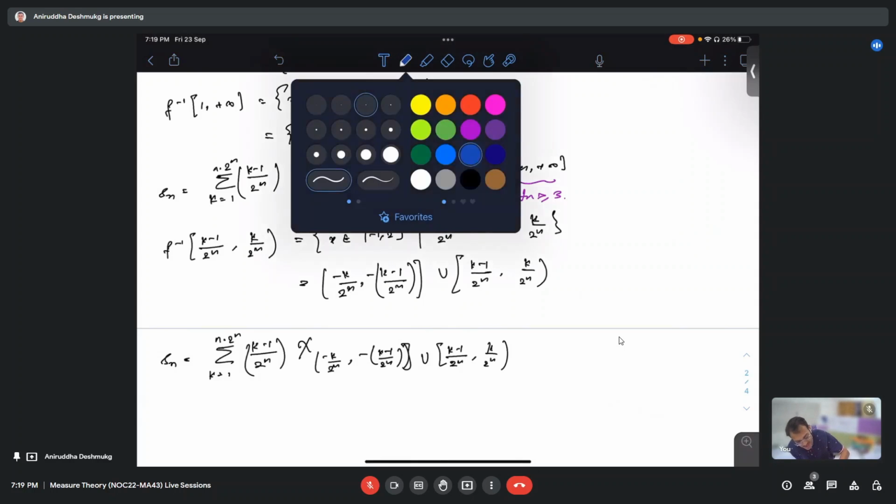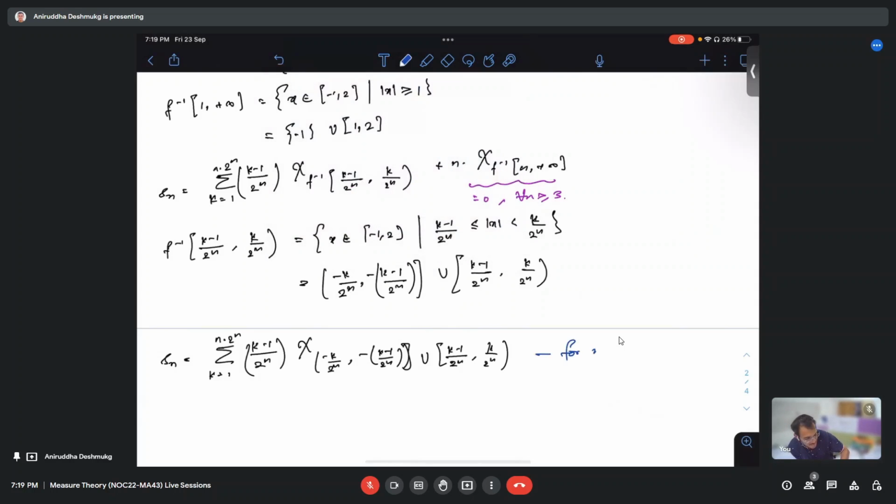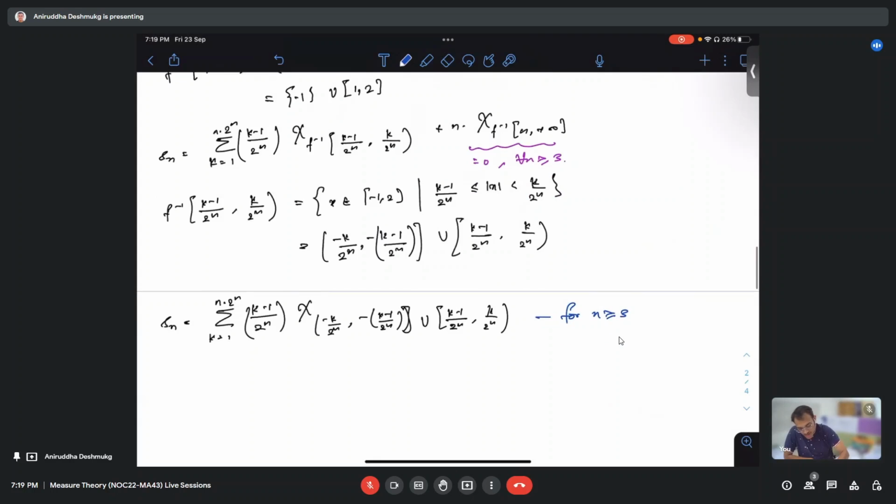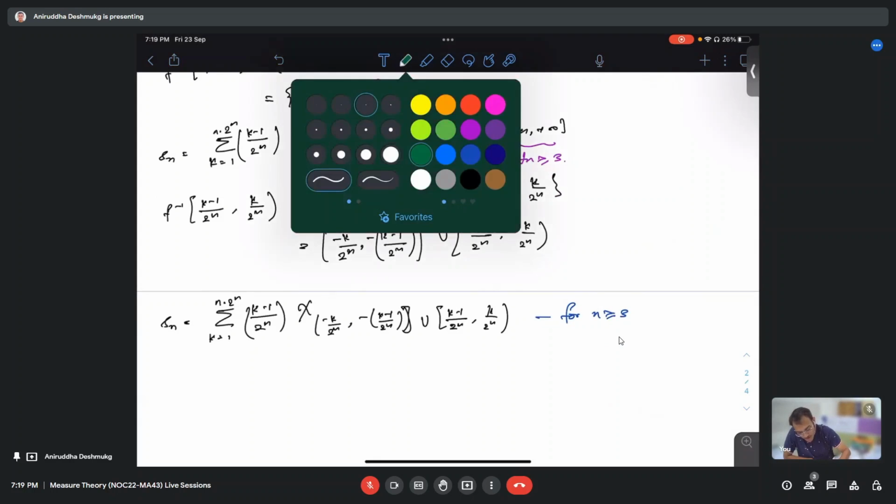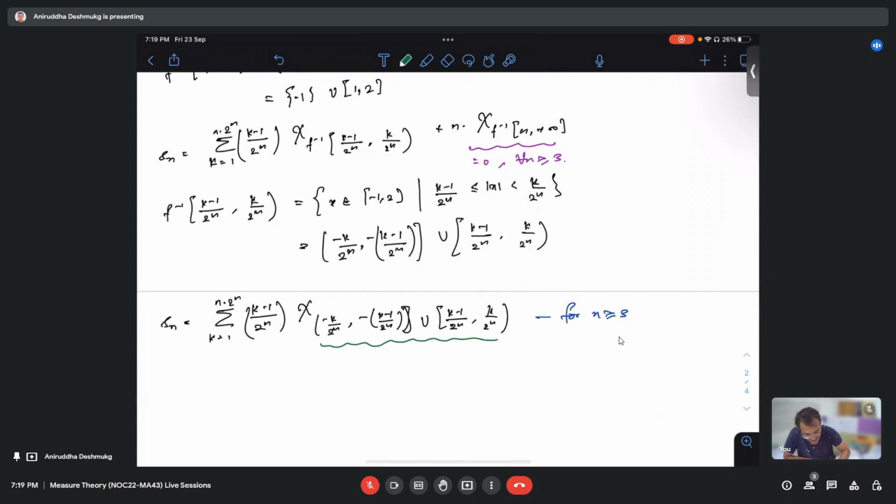So I am going to write this for n bigger than or equal to 3. And notice that this is a disjoint union. So finally, when I look at the measure, it is going to be the sum of the individual measures. For a disjoint union of intervals, the length of the total union is the length of the first interval plus the length of the second interval.